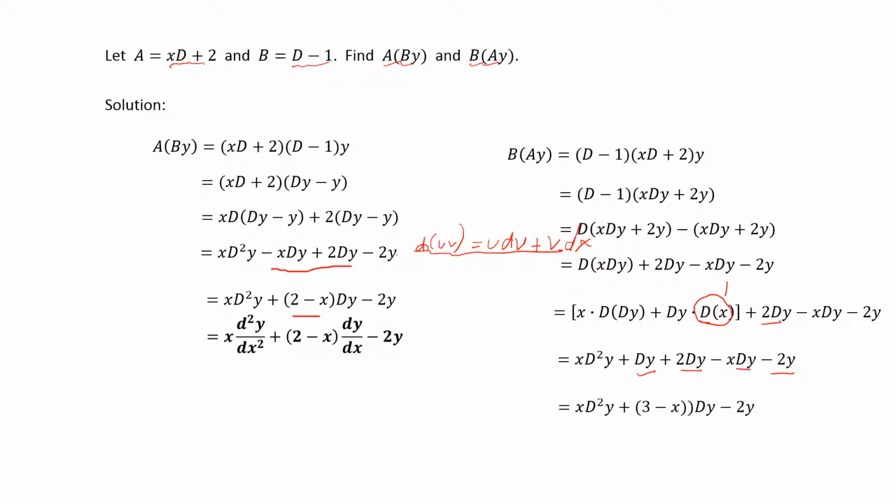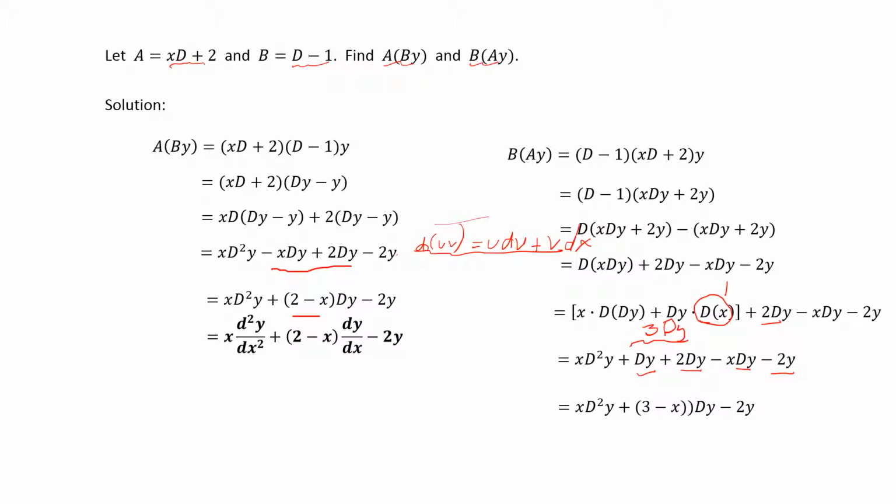Next step is you can combine the Dy and the negative xDy, just factor. Of course, this is Dy plus 2Dy, that is the same as 3Dy.